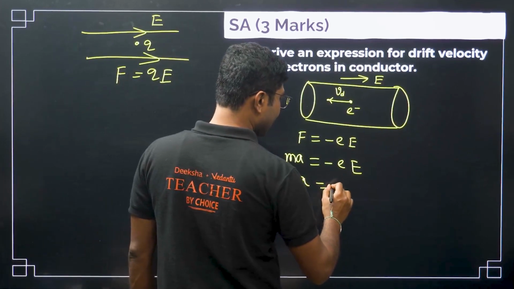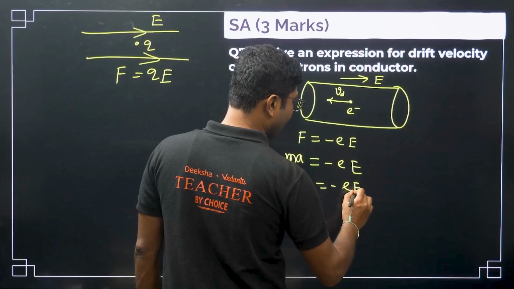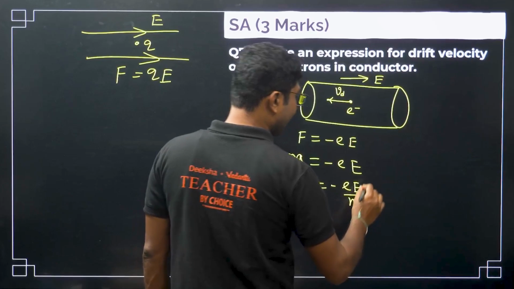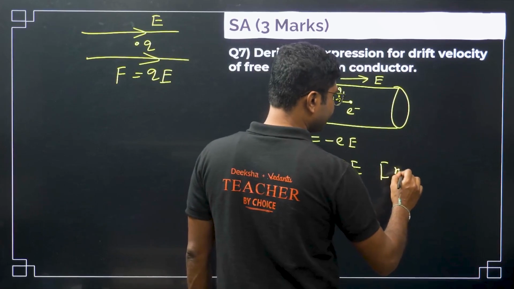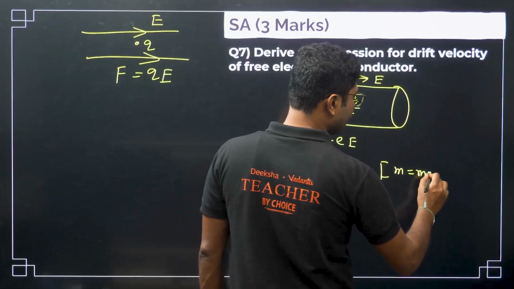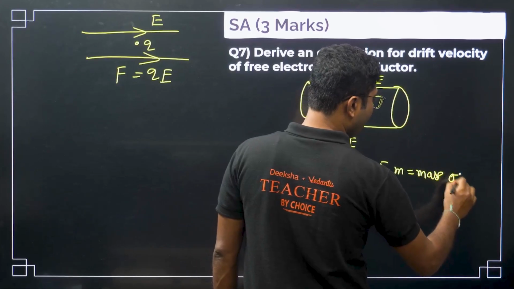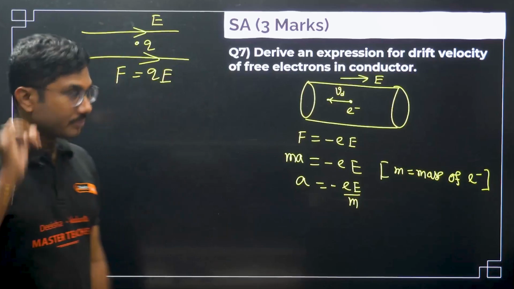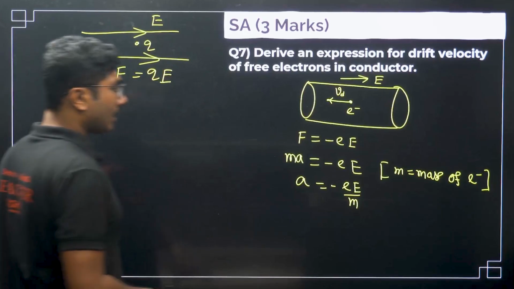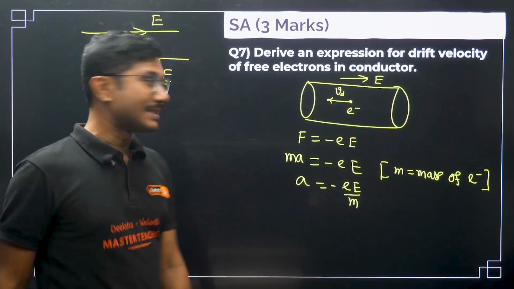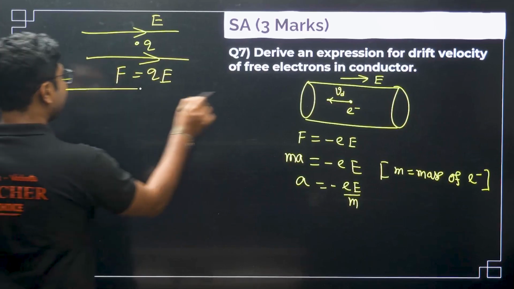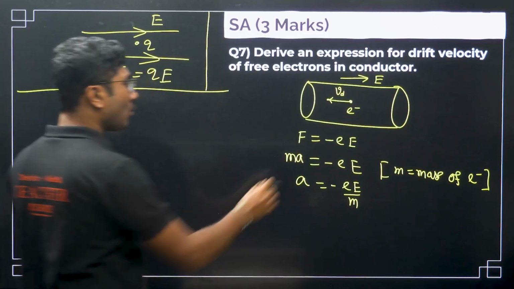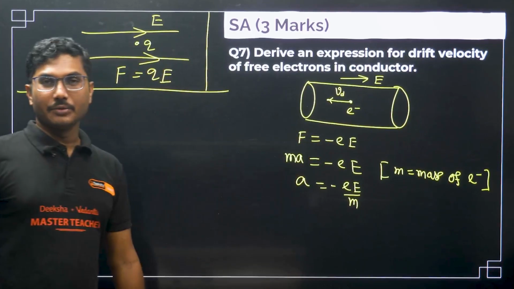So acceleration is eE by m, where m is the mass of electron, right? Now we have calculated the acceleration. It is basically a mechanics problem, not an electricity problem. The electricity problem is over as soon as you figure out the force.